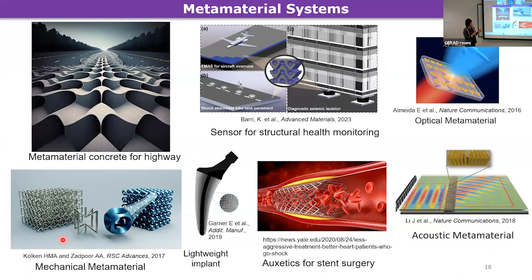So this kind of system could actually be used in surgical situations like stent surgery. You'd like to design this system so that it is strong enough, okay? At the same time, when there is blood flow flowing through this, it needs to kind of blow, okay?